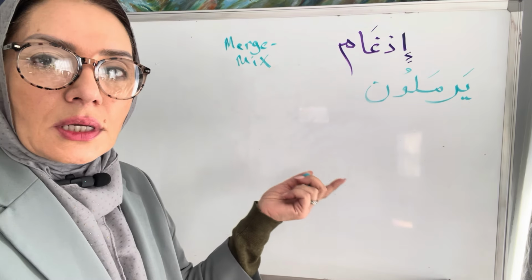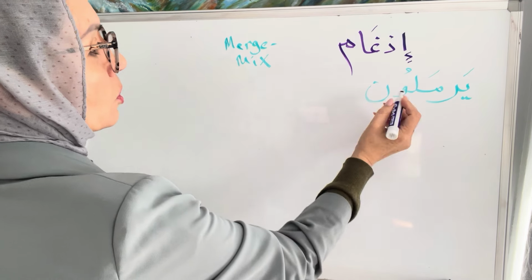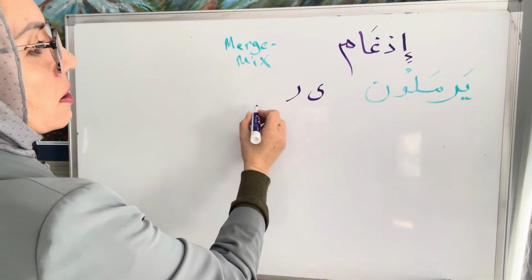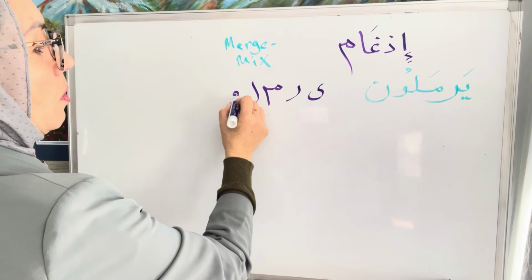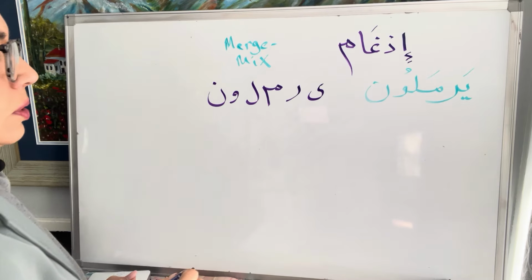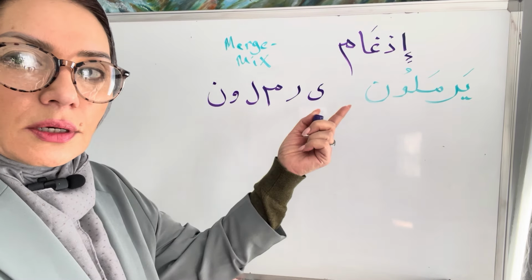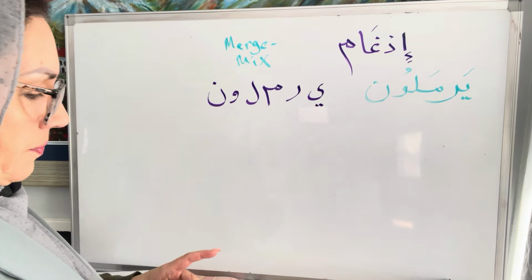But if you break it apart, these are separate letters that we are focusing on: ya, ra, mim, lam, waw, and noon. So these are the letters right here. Yarmalun.